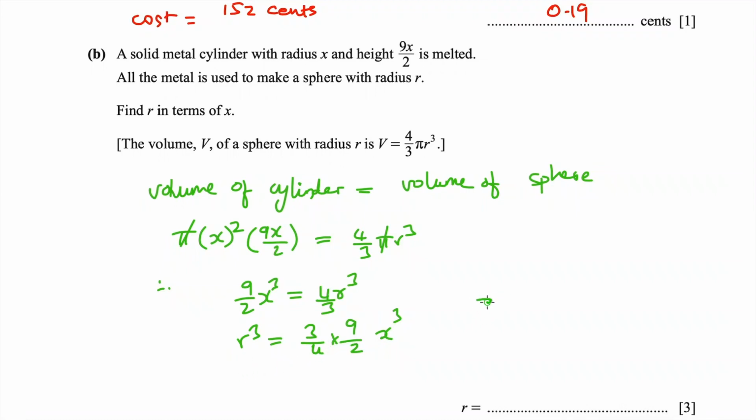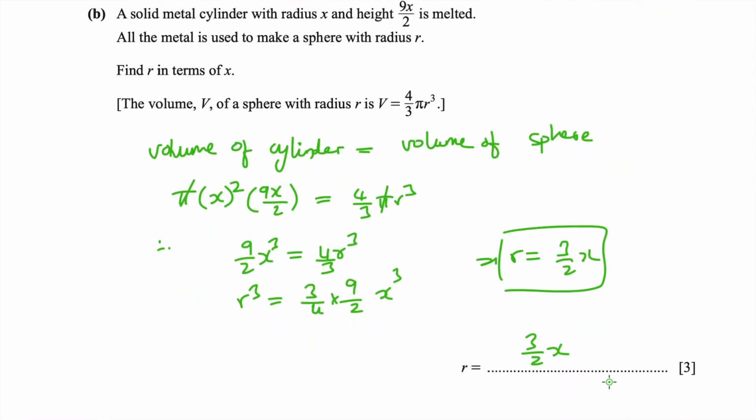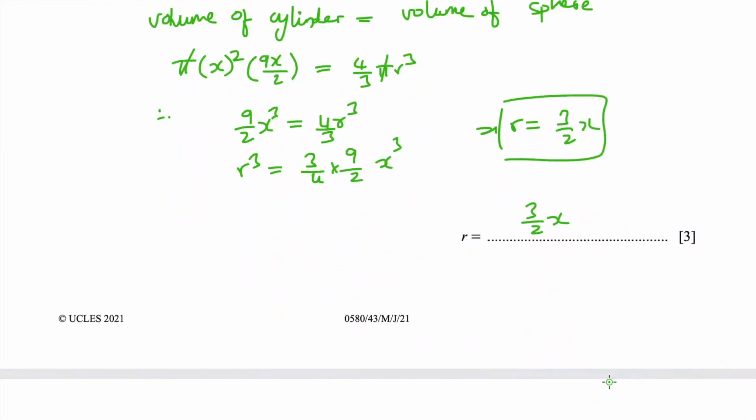So therefore r cube would be equal to 3 into 9 is 3 cube by 4 into 2 is 2 cube, so r is 3 by 2 into x. So the answer r is equal to 3 by 2 into x. This completes this part.